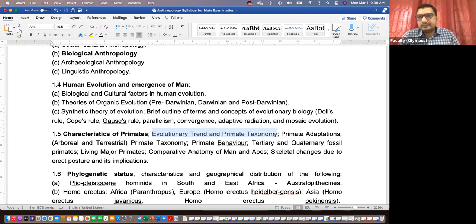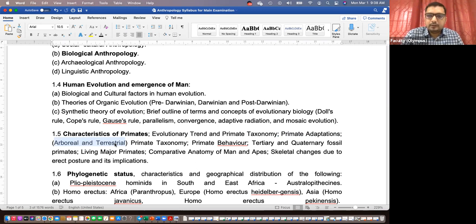How are primates classified? A bit of factual data on how we are connected to primates. Briefly, we're going to go through the primate taxonomy and adaptations in primates. We have to learn what primates are, how they are classified, and what adaptations, what changes you see in them in evolution, especially with respect to arboreal and terrestrial adaptations.